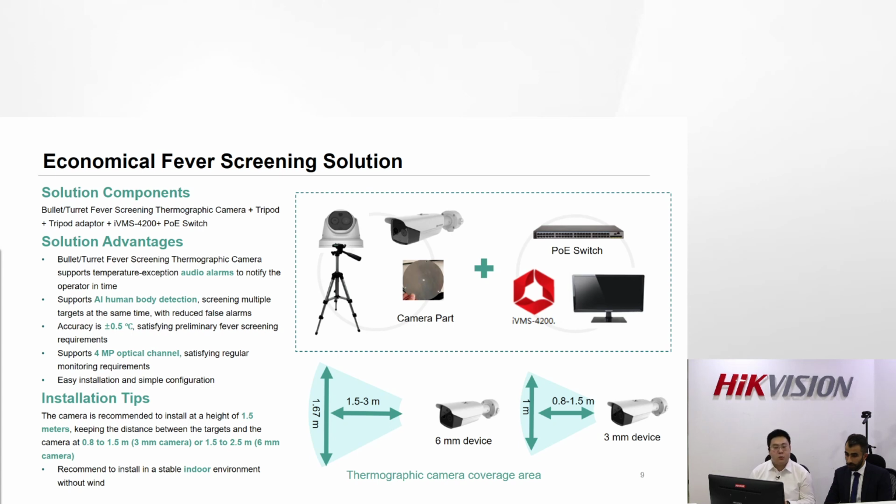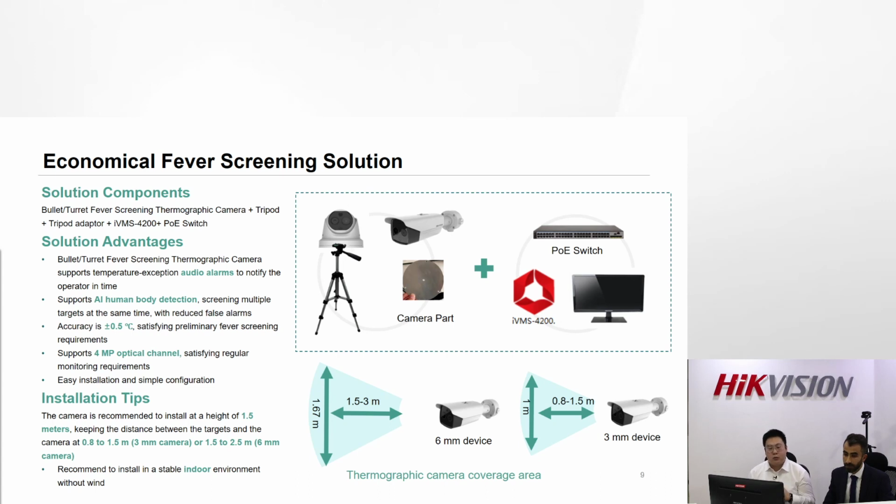Also in the economical solution, we have different shapes of cameras to choose from, like the turret and the bullet. With our 6 millimeters lens cameras, we can reach a detection range of 1.5 to 3 meters. And with the 3 millimeters lens, we can reach a 0.8 to 1.5 meters detection range.